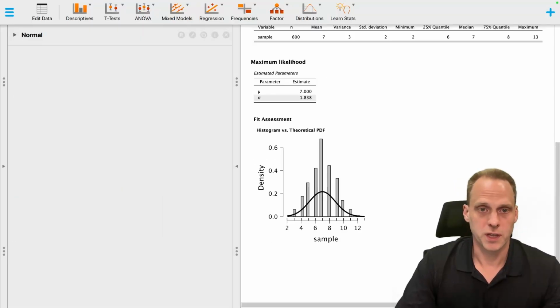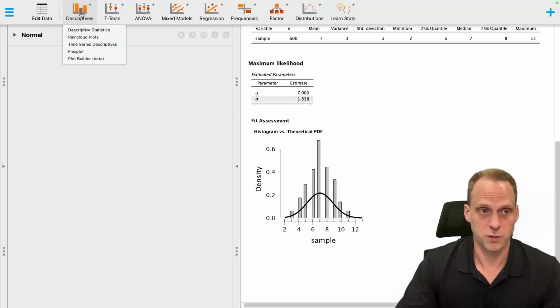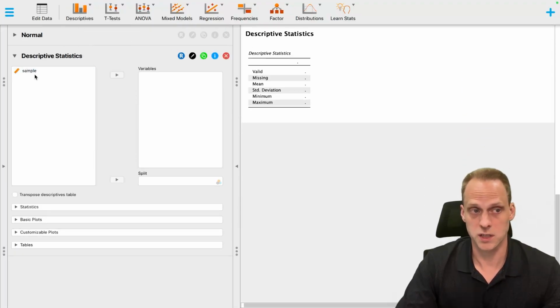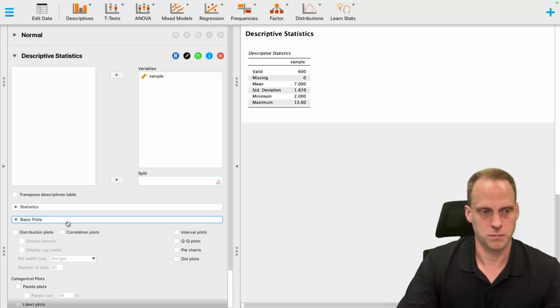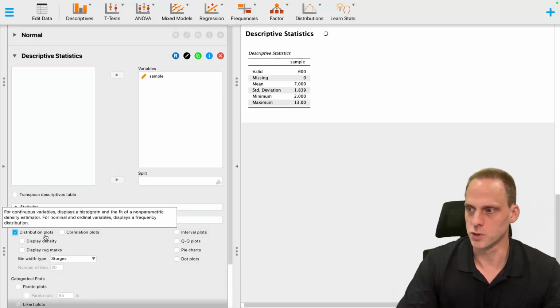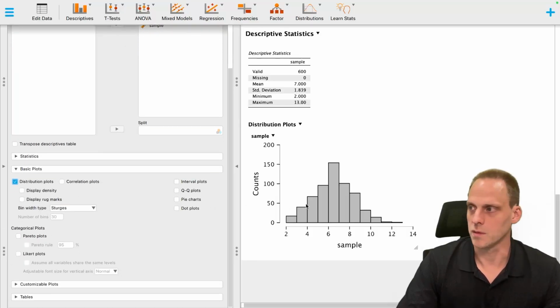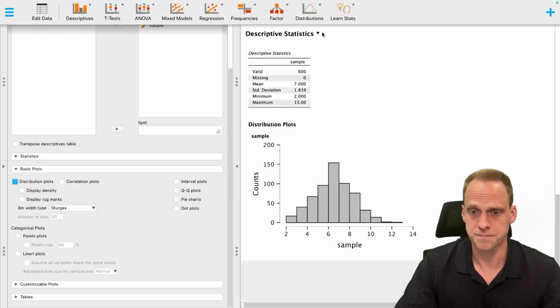If we do want to get a better histogram, we can go to descriptives, get statistics, sample, put in variables, basic plot, distribution plot. Then we get a much nicer histogram than what we have in the distribution panes. But here we can't really overlay it. We can just look, okay, it looks somewhat bell-shaped.